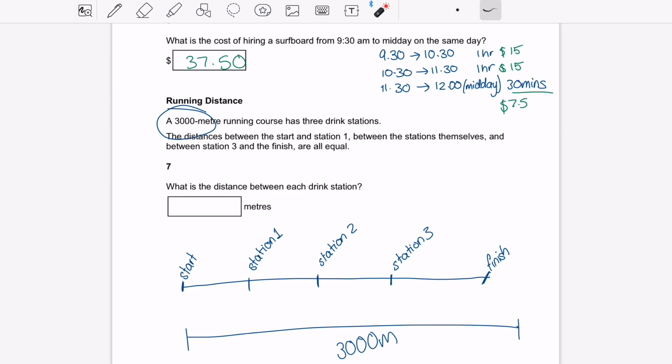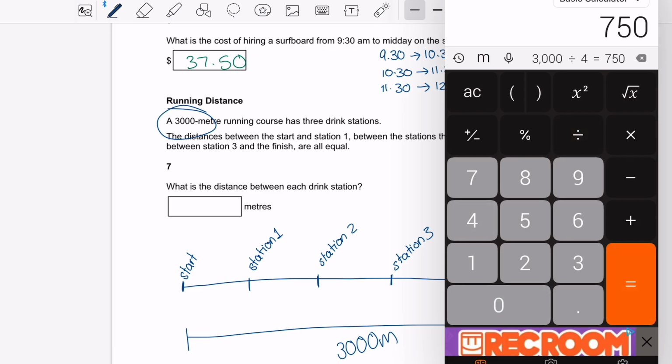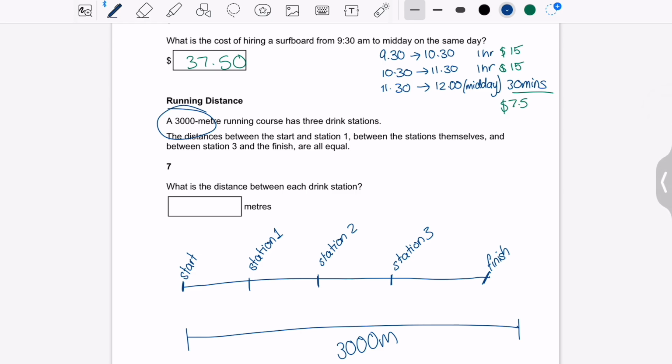So I'm going to do 3,000 divided by 4. Use your calculator. Divided by 4, 750. That means that between each section is 750 meters.